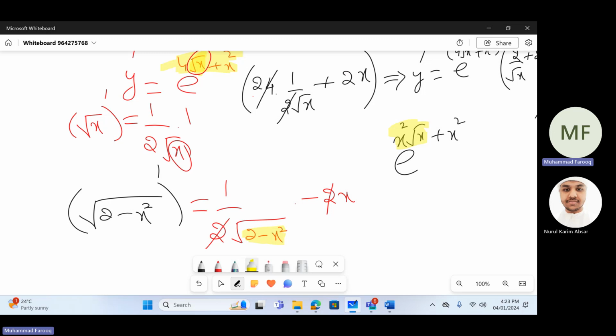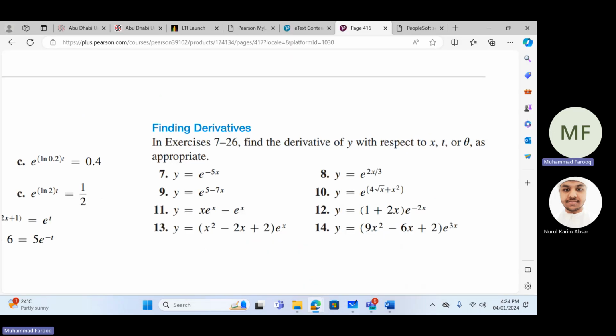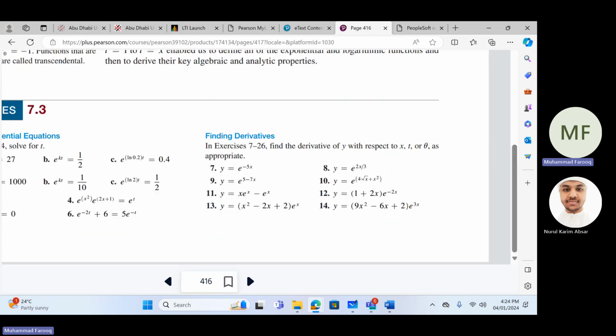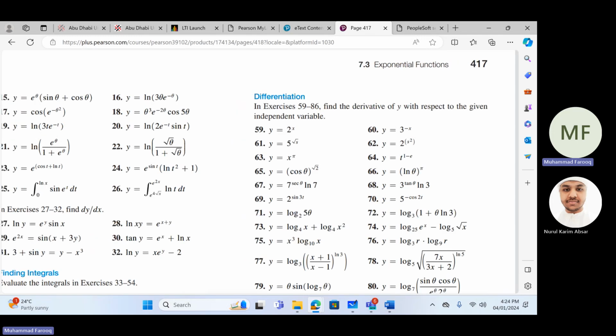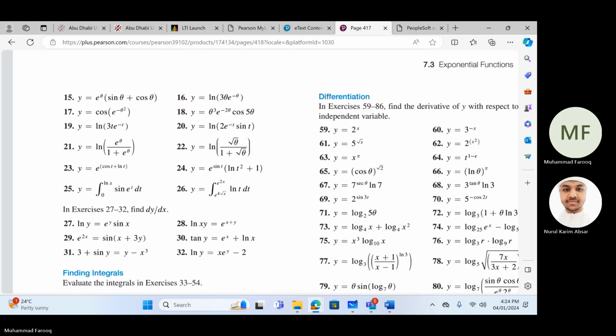Right now, it is 4 and then you have a function. This 4 is a constant, so during the derivative it remains as it is, no change. As I told you, it's not something difficult. In differentiation, 7.3 is quite easy, by the way.